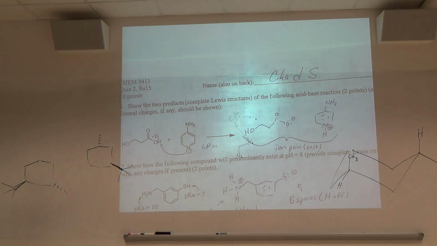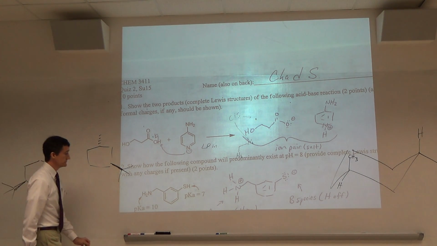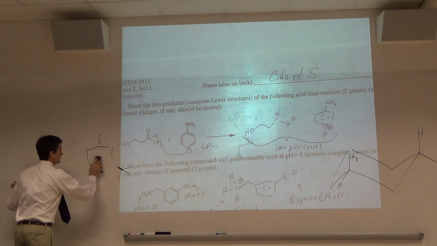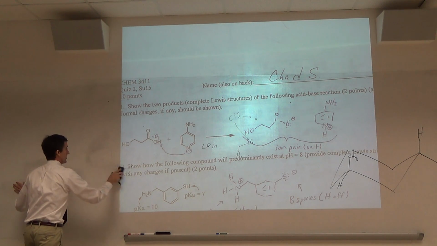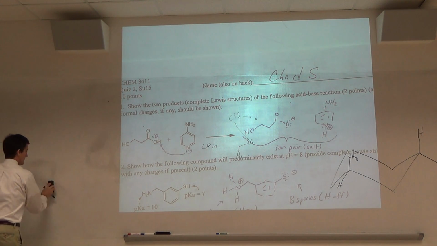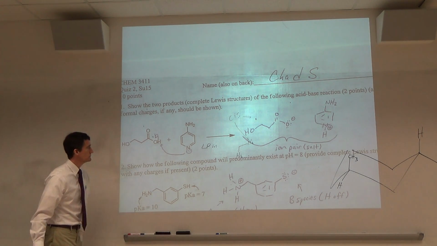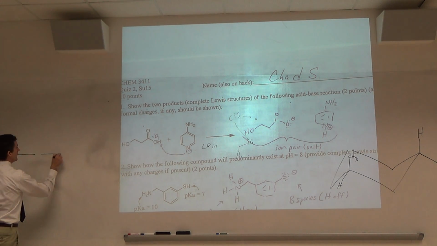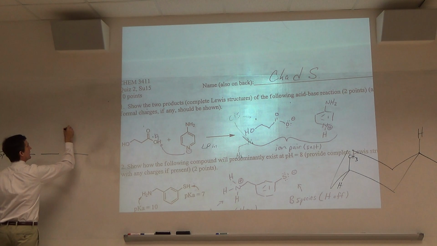Just show the hybrid orbitals, fill in your electrons. Okay, what's the hybridization? sp2. That means how many hybrids? 3. What's left over? P orbital.